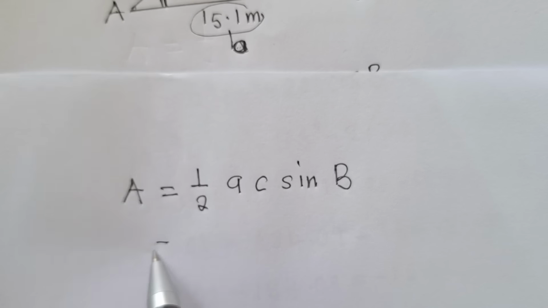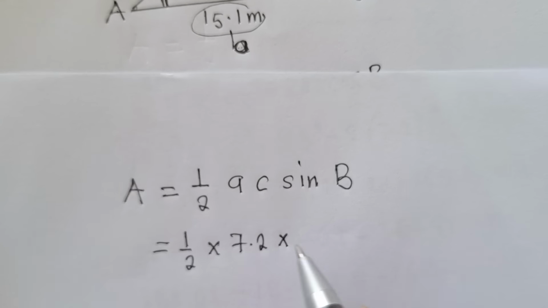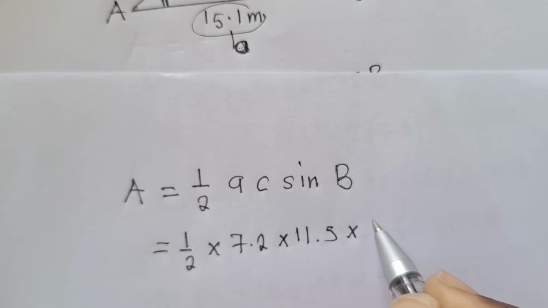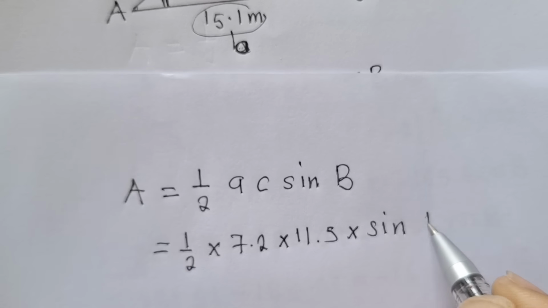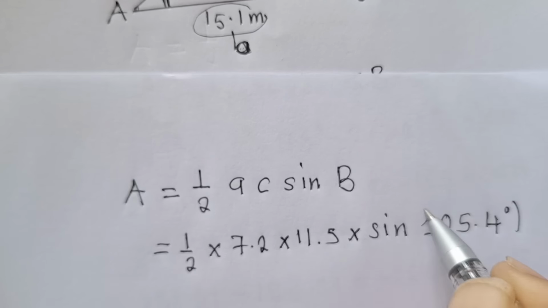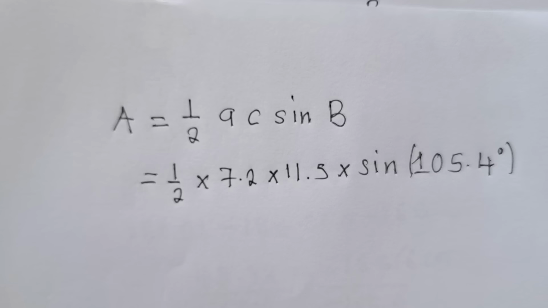Remember, I said that these sides will be used as well as the angle. So we shall say 1 over 2 times our a is 7.2 times our c, it's 11.5 times sine capital B, 105.4 degrees. So this is what we need. I'm going to punch on my calculator.